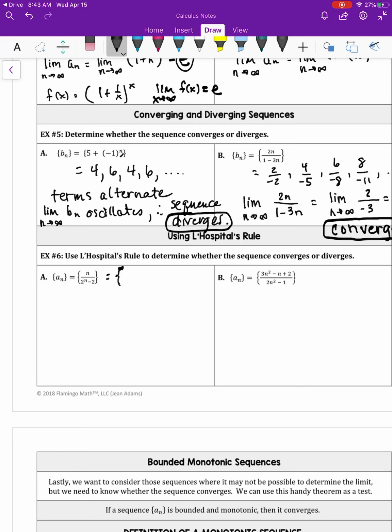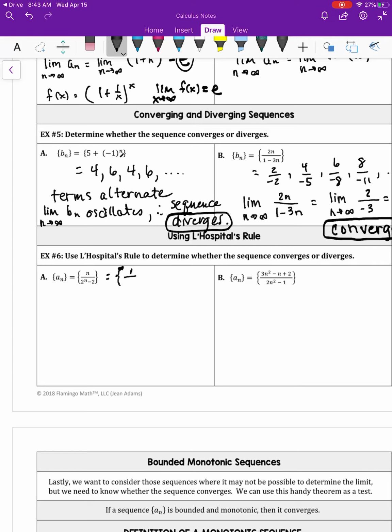So technically you would probably go straight to that, but I think it's a good idea for later on, when we're doing other things, to always look at your sequence, especially if you see it on the AP exam, where they might give you a summation sequence. I think it's a very good idea just to see what you have, because sometimes that will help you.